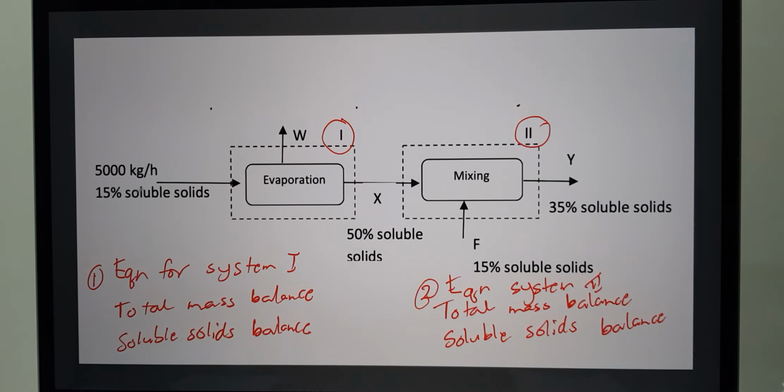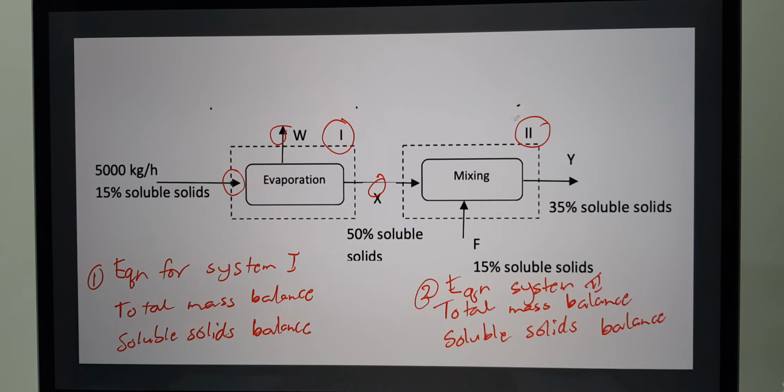Okay, so for the total mass balance, we have the value here, whereby we have this 5,000 kilogram per hour going into the evaporation system, 1 inlet. For system number 1, we have 1 inlet and 2 outlets. W and X are considered as the outlets for system number 1.